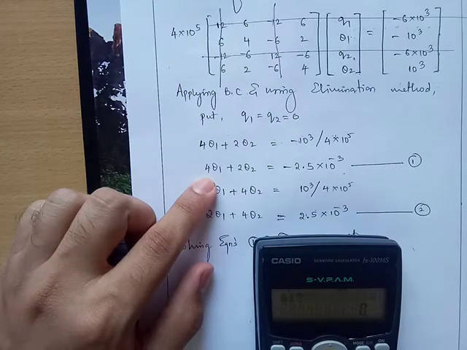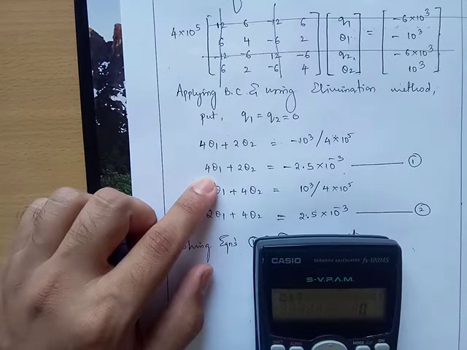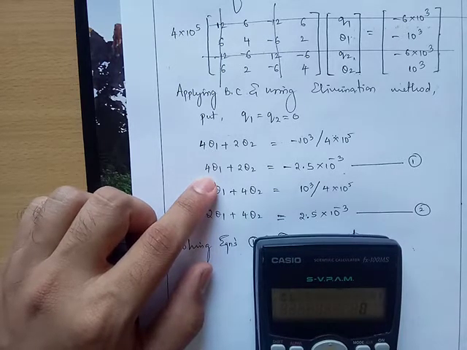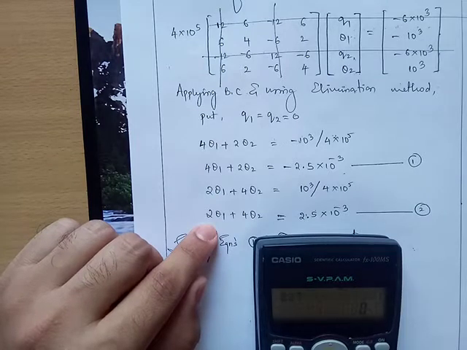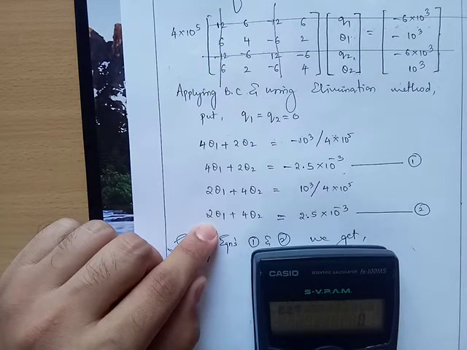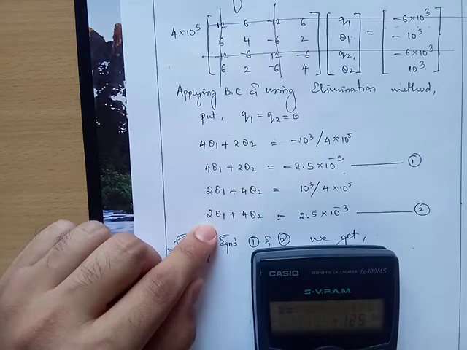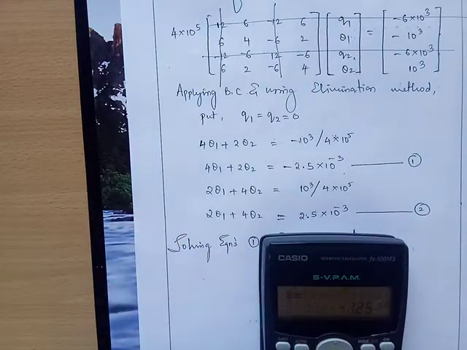So a1 is 4, b1 is 2, and c1 is minus 2.5 into 10 raised to minus 3, a2 is 2, b2 is 4, c2 is 2.5 into 10 raised to minus 3. Right, so one value you are getting it as minus 1.25 into 10 raised to minus 3. Second one, same value with a positive sign.